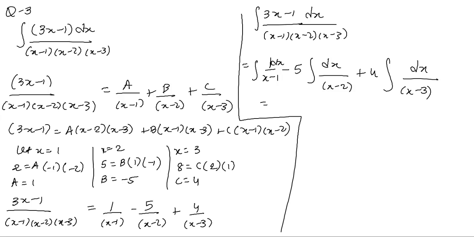So the answer will be log mod x minus 1 minus 5 log mod x minus 2 plus 4 log mod x minus 3 plus c. So this is your answer.